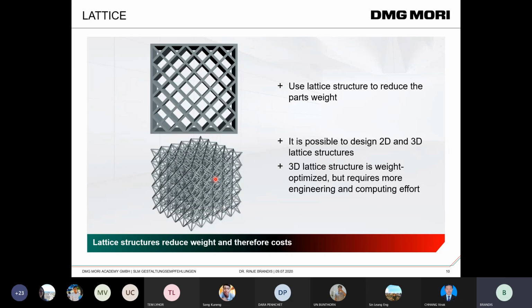If you reduce the weight of a part, in the same step you will reduce the printing time, and so you will reduce the price of the part. It's possible to create what we call two-dimensional lattice structures, or it's also possible to integrate three-dimensional lattice structures like this geometry to reduce the printing time or the part's weight. So lattice structures reduce weight and therefore costs of a part.